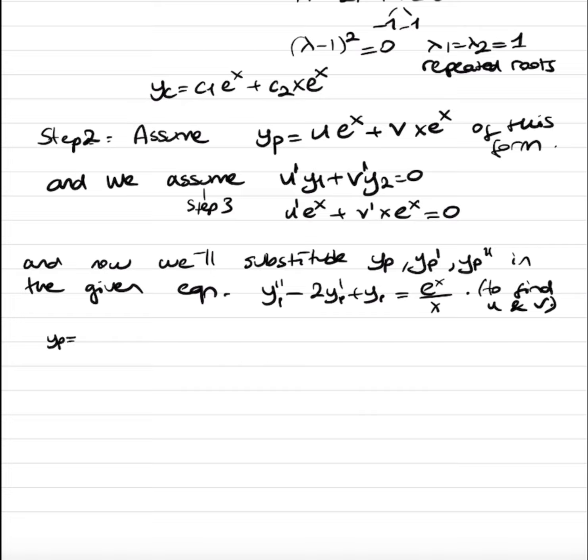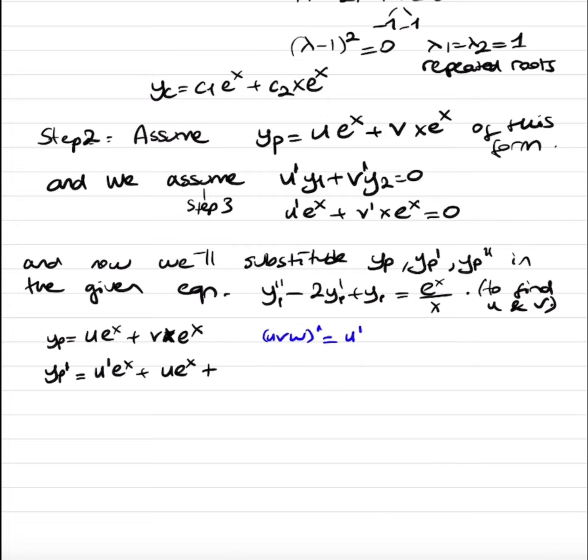So we assume it is of this form. Now I will take the derivatives. What is y particular prime? We need to use the product rule. So u prime e to the power x, plus u times the derivative of e to the power x, which is itself. Here we have a product of 3 functions, so u, v, w.